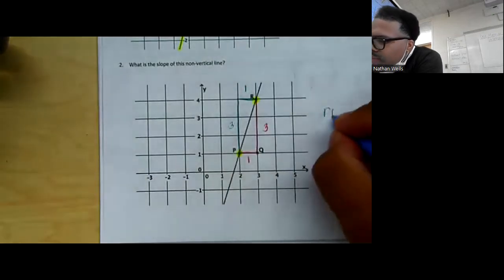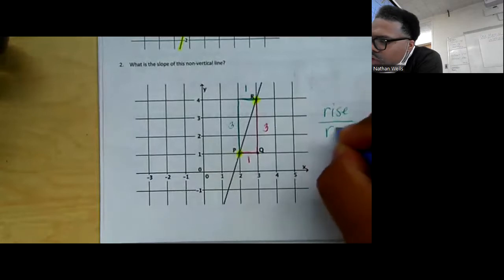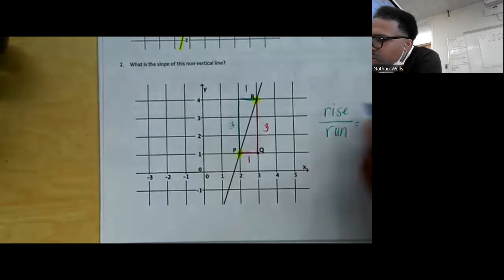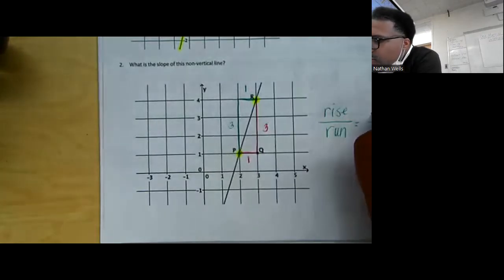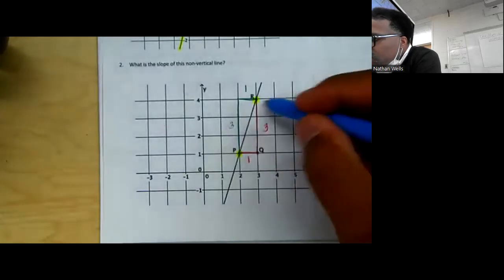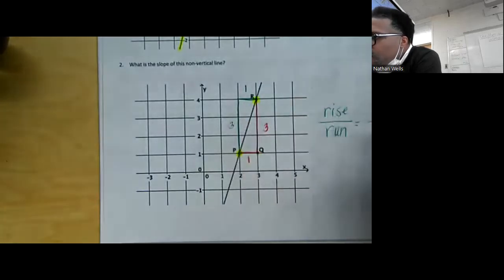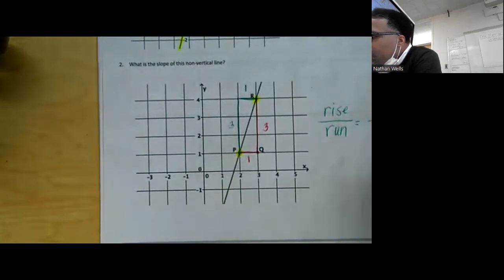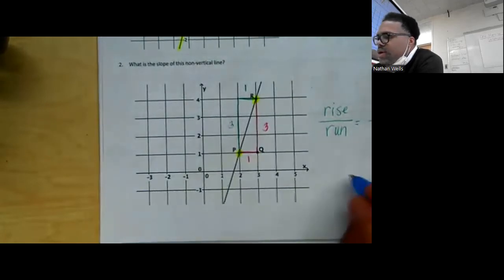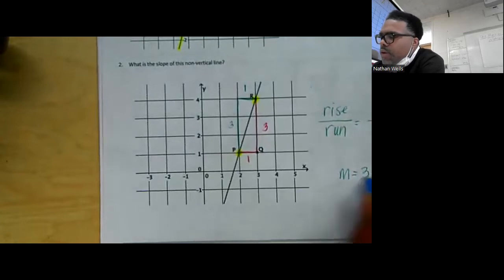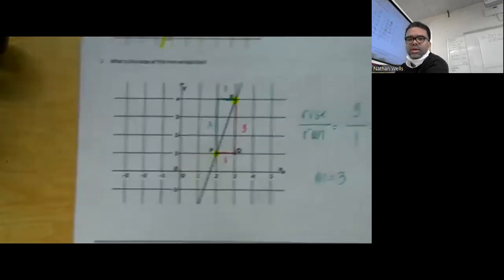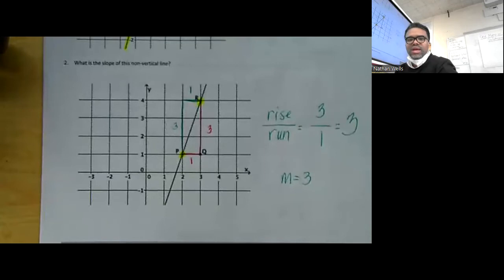Either way, my rise is always over my run. We rose 3, no matter which route we took, and we ran over 1. And so 3 divided by 1 is 3. My slope or my M is 3 in this example.